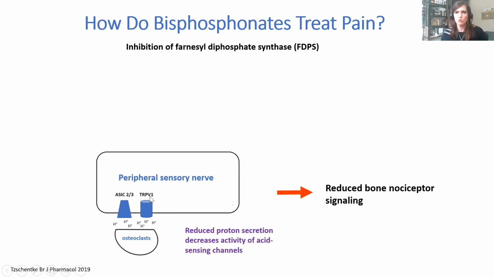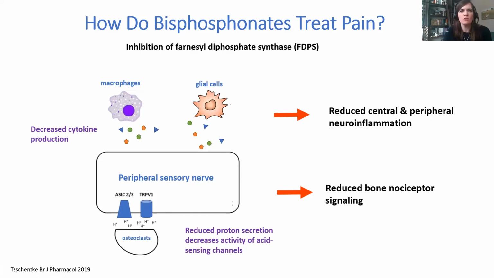So this leads to reduced bone nociceptor signaling. FDPS is also present in macrophages and in glial cells, where its inhibition decreases the production of inflammatory cytokines. So this reduces central and peripheral neuroinflammation.